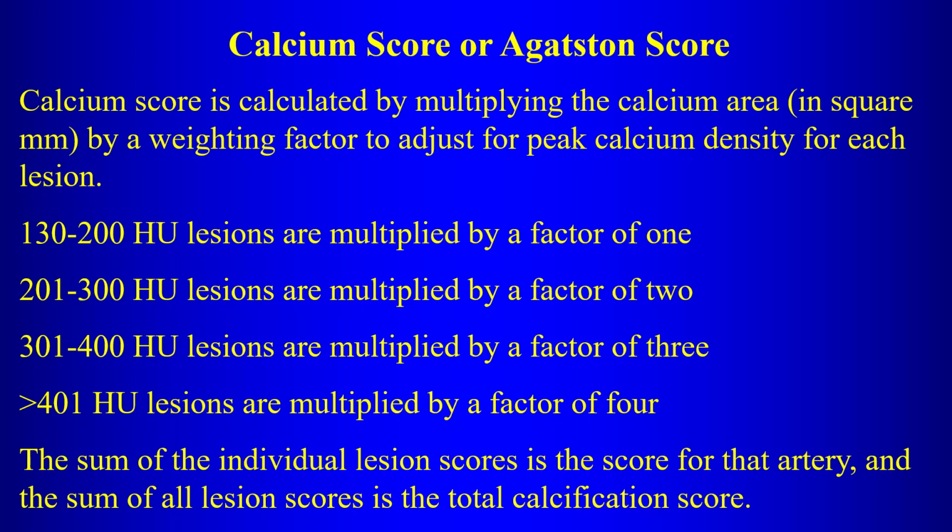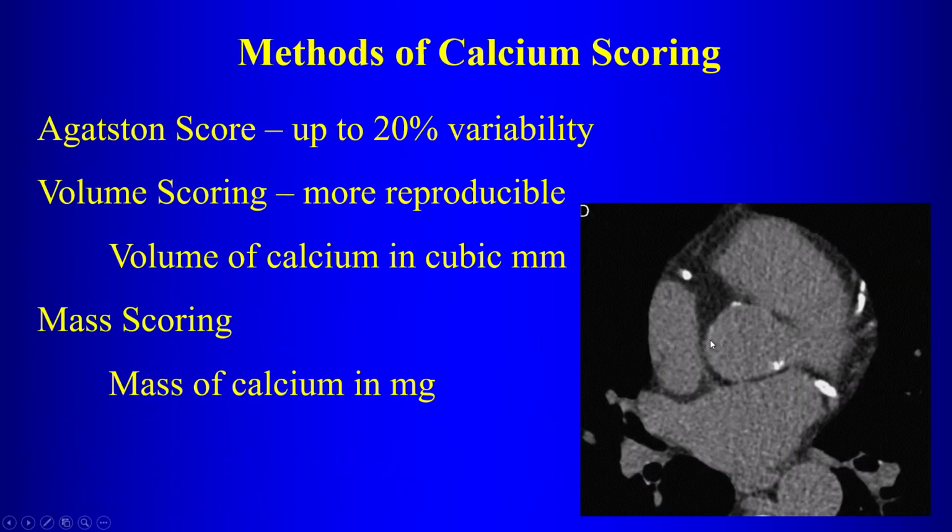Just realize that this is a weighted scoring system, and it's the sum of the individual lesion scores over the entire heart that determines the total coronary artery calcium score for that particular patient. So this is a weighted scoring system, meaning the higher the attenuation, the higher the weighting for that particular pixel when the scores are added up and totaled.